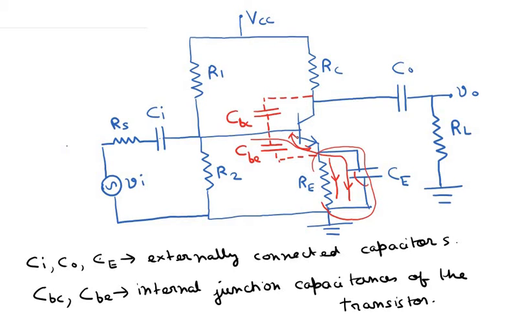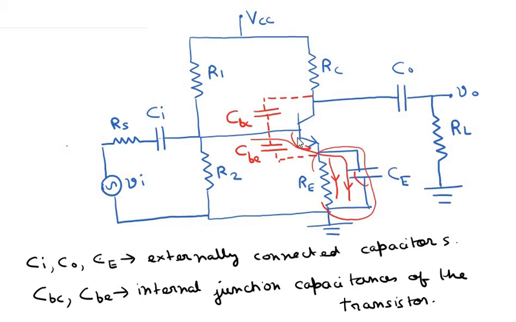So this reduces the AC component of the base current, and if that is reduced, then the AC component of the collector current also reduces, and this decreases the magnitude of the output voltage, which means that the voltage gain is reduced.